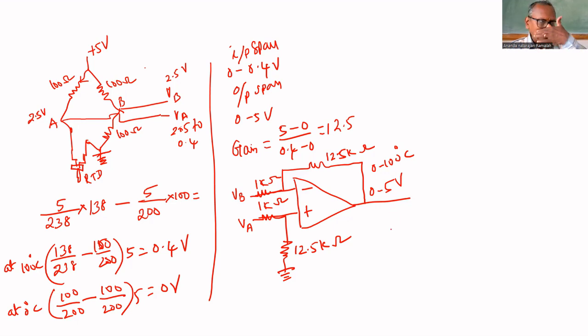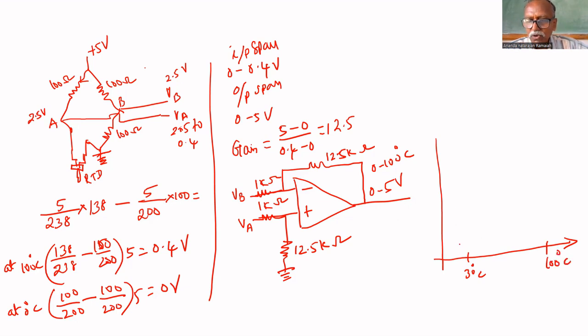Now we have to draw the calibration curve. We have to check whether it gives 0 to 5 volt or not. For that, you vary the temperature of the water bath from room temperature, say 30 degrees centigrade, to 100 degrees centigrade.